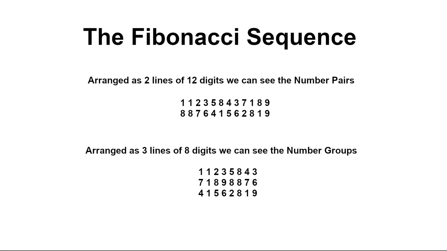And interestingly, in the same way as I split the 6-digit recurring sequence in cellular mitosis, I split the Fibonacci sequence in two. And lo and behold, again, we see perfectly the number pairs: 1, 8, 1, 8, 2, 7, 3, 6, 5, 4, etc. Unbelievable. Then, because it's 24, we can make it 3 strings of 8.